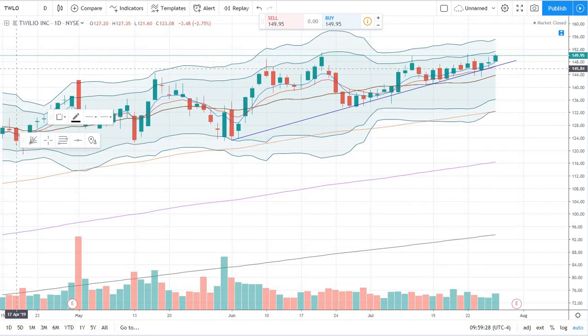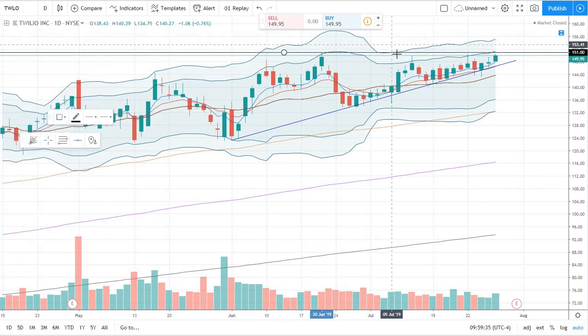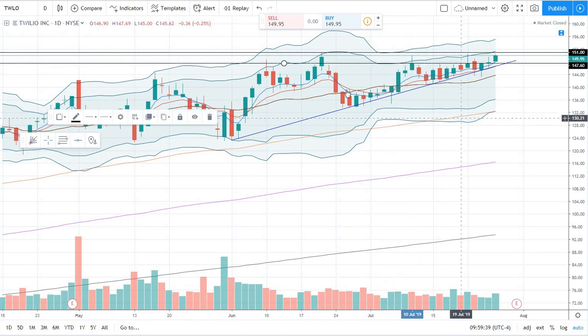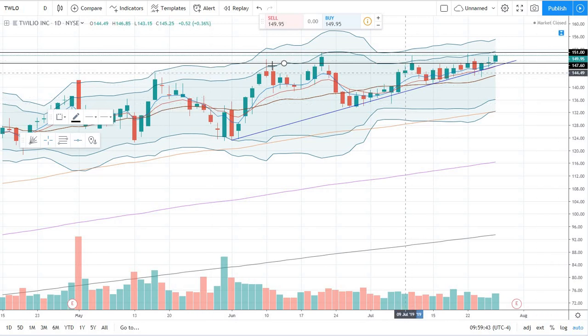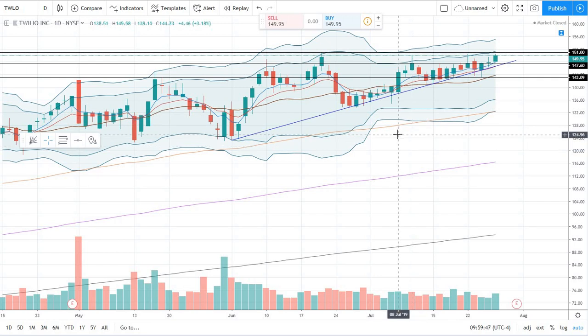So we'll put in our levels quick. I need the top of this candle here, that'll be our breakout. There's one. These candles are really bunched, so it's hard to pick out levels here.